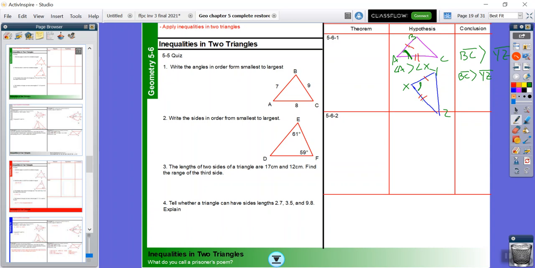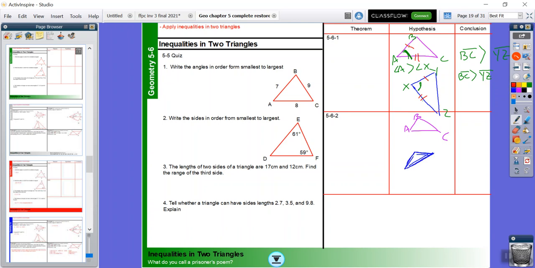Our next theorem is the converse. The converse is simply going to say that we have triangles A, B, C and X, Y, Z. That's the ugliest triangle ever.